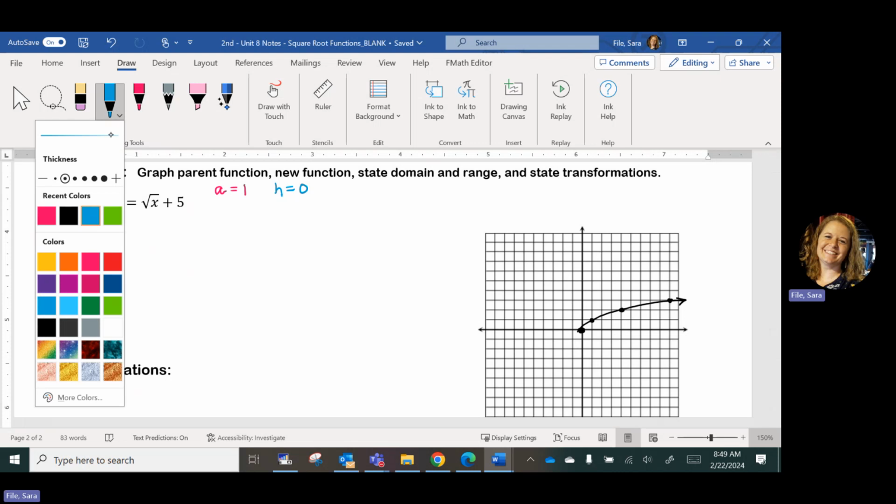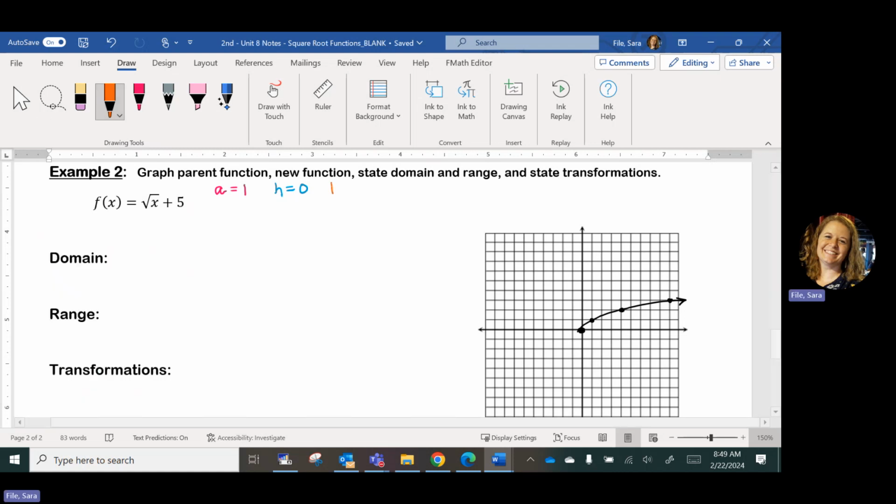And then my K, what is K? K is the positive 5. Okay, so what does that mean? What transformation does take place? Up 5. So the only transformation here is up 5.